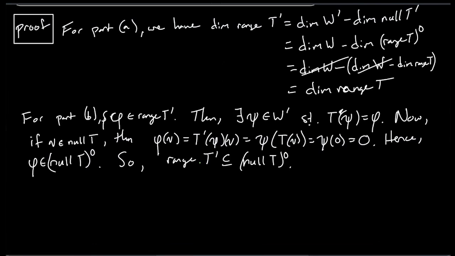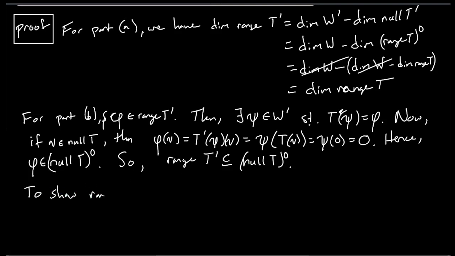The range of T prime, if we can show that it has the same dimension as the null space of T's annihilator, then this containment says that they're the same thing, right? That is, if you have a subspace that has the same dimension, it is the whole space, right? So let's do that.